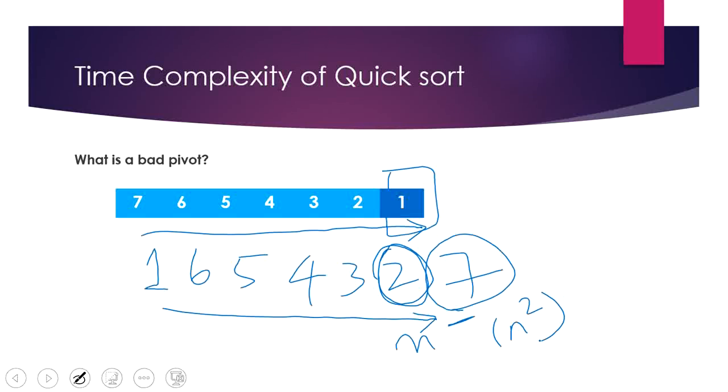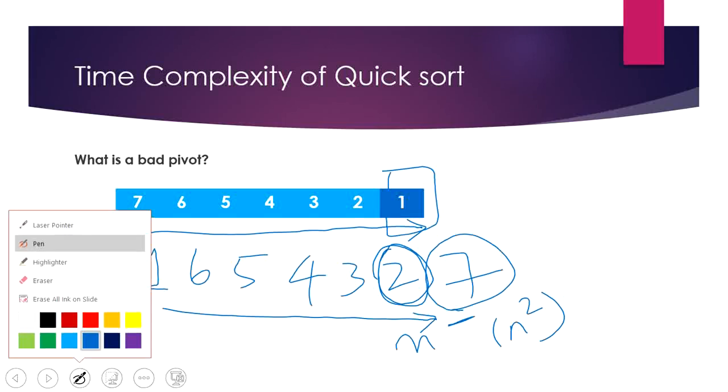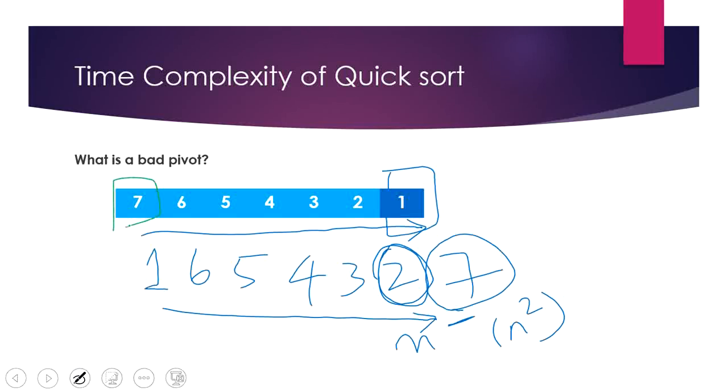The other case is if we choose 7 as a pivot, which is the largest element. In this case, again it takes n time to place it at the last, and then 6 to place it at the last but 1. Same way it iterates the complete array to place the elements. In this case, it is a bad pivot, so it is going to take big O of n square time.